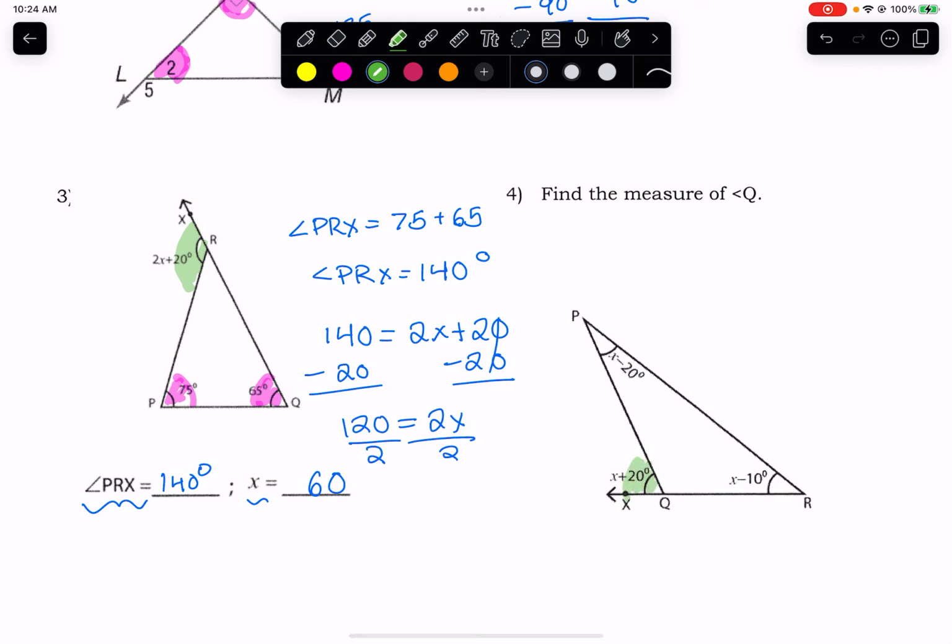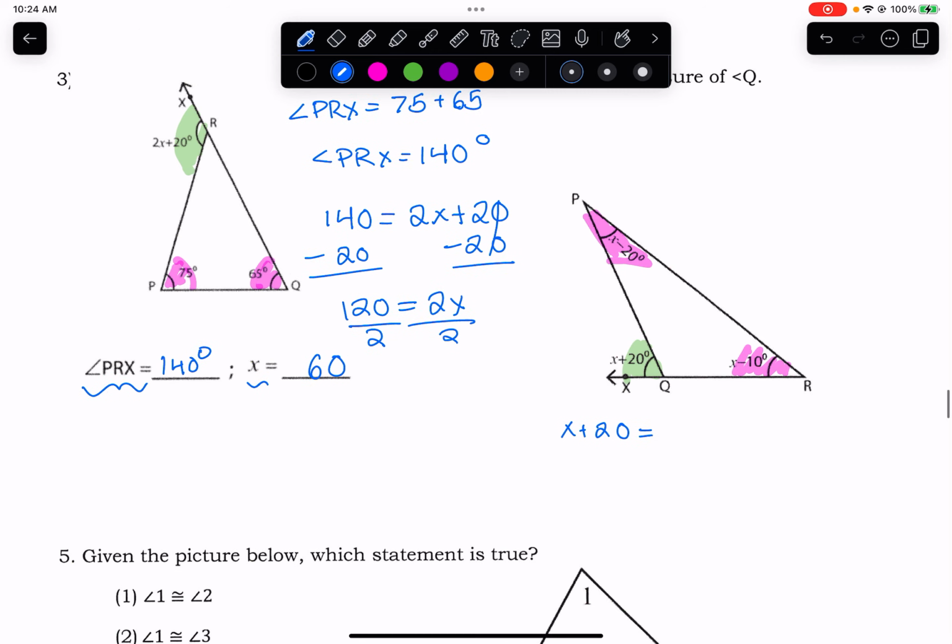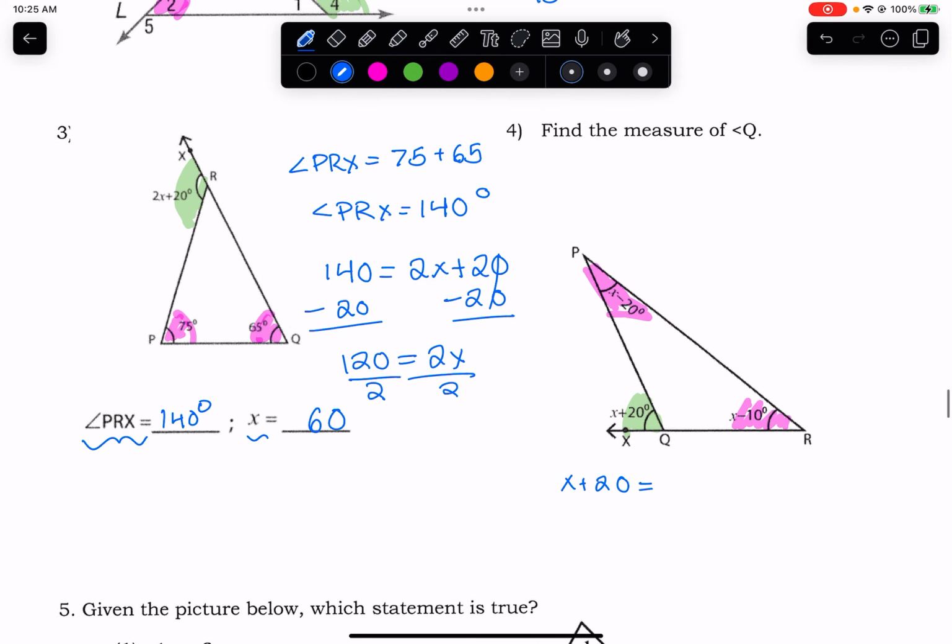Again, I'm first going to highlight, so my exterior angle must be equal to the sum of my two remote interior angles. So I know that x plus 20 is equal to x minus 20 plus x minus 10.